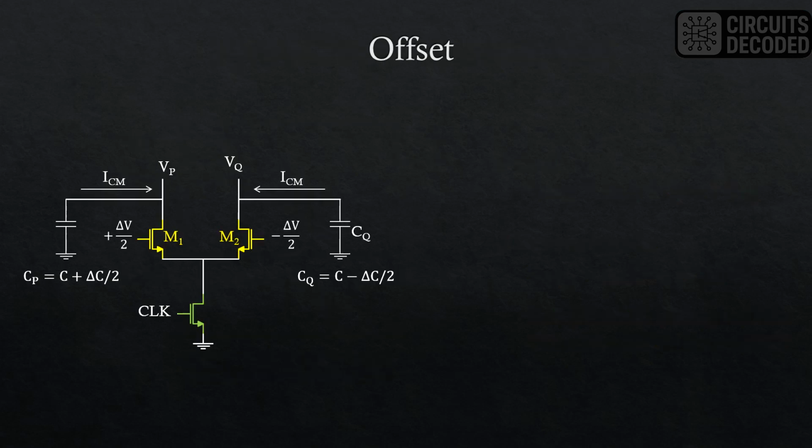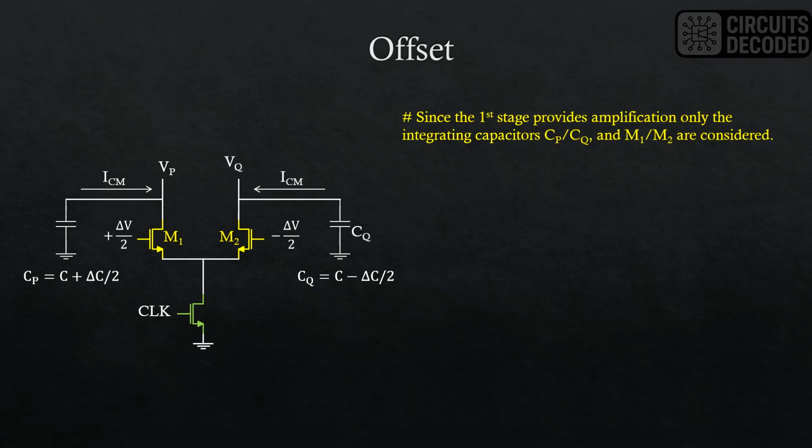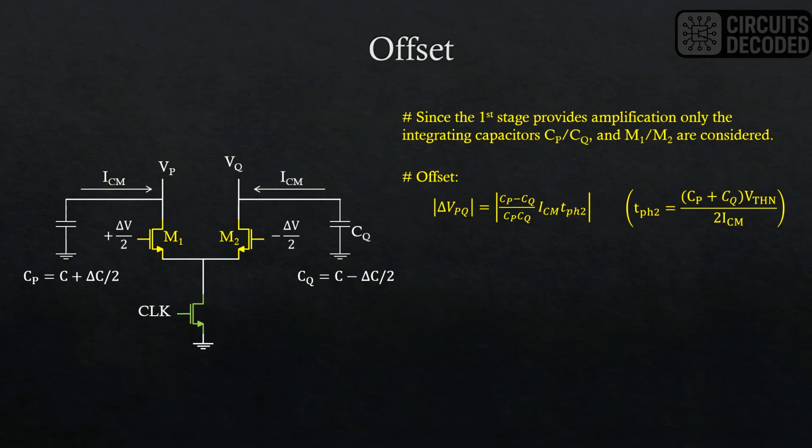Now let's consider the offset due to the capacitor mismatch. Since the first stage provides amplification, the input referred offset of the second stage latch can be made very small and therefore ignored in the following analysis. If we work out the current voltage relationships with unequal capacitors, we can find the error voltage delta VPQ as shown in this expression.